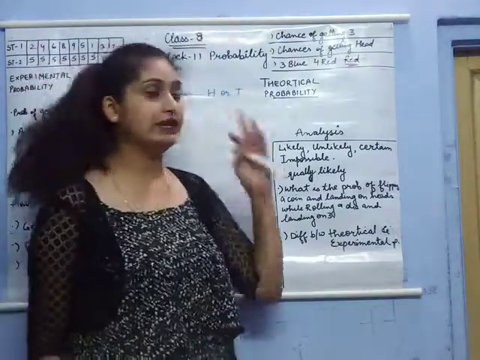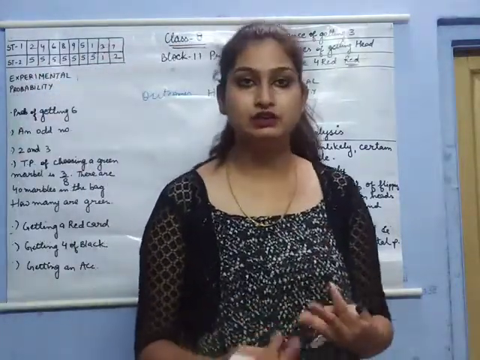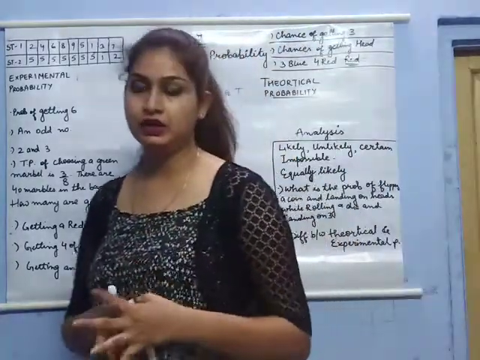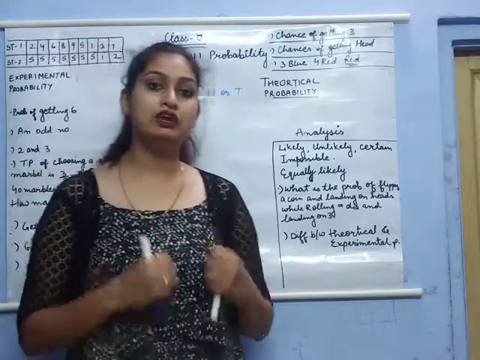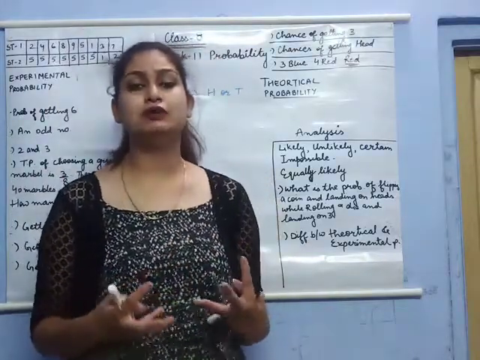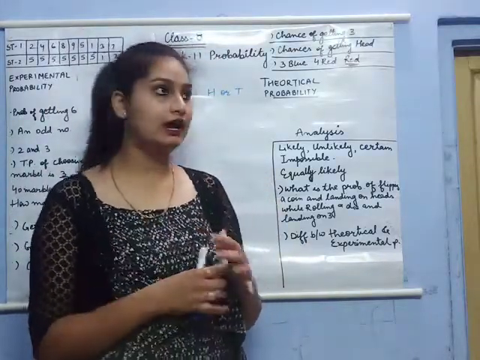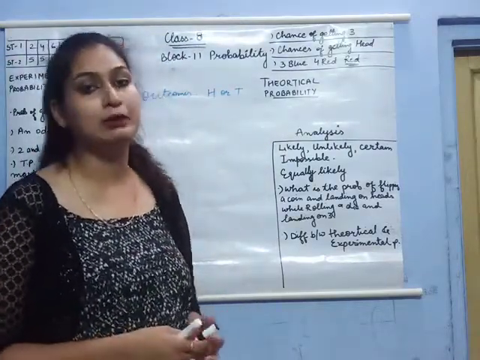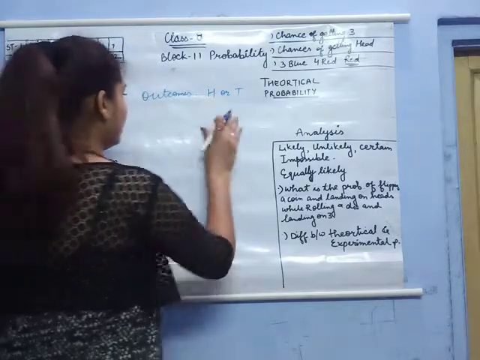This is an event: to get a head, right? Occurring of head in tossing a coin, and occurring of tail in tossing a coin, is called an event. If we measure how likely this event is to happen, that measurement is called the probability. Probability means what?